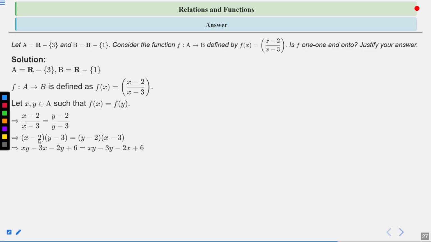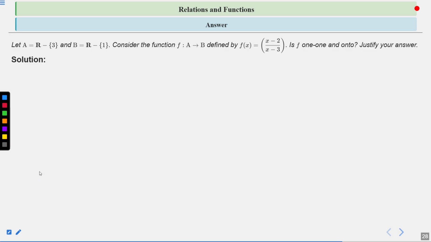Simplifying further, we get xy minus 3x minus 2y plus 6 equals xy minus 3y minus 2x plus 6. Cancelling out the common terms, we remain with minus 3x minus 2y equals minus 3y minus 2x, which gives the condition x equals y. Therefore f is one-one.